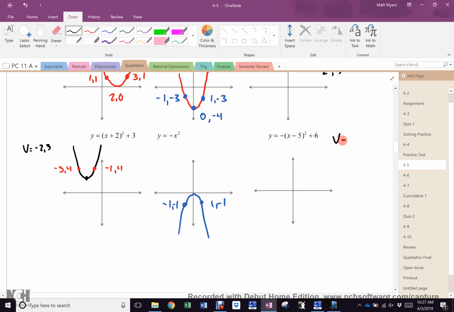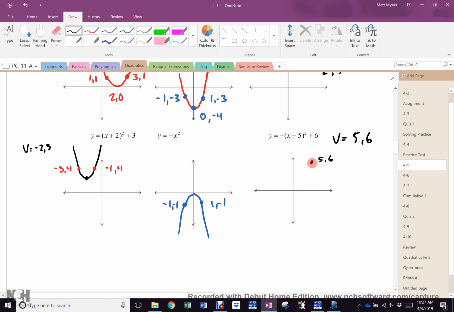What's the vertex? Five, 6. Opposite, same. 5, 6. What's that negative mean? I don't go up, I go down.